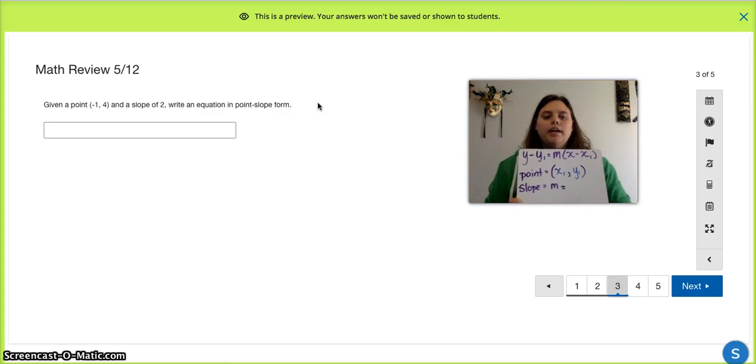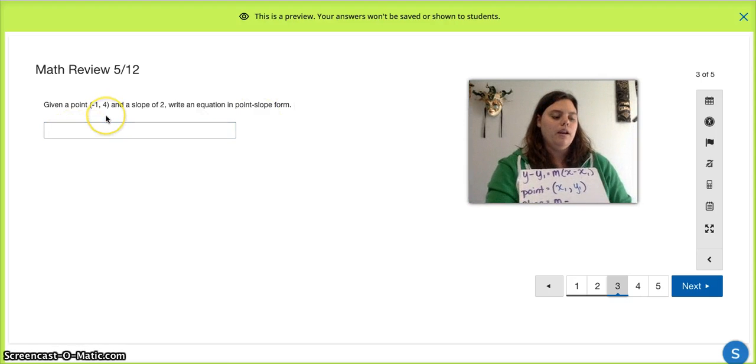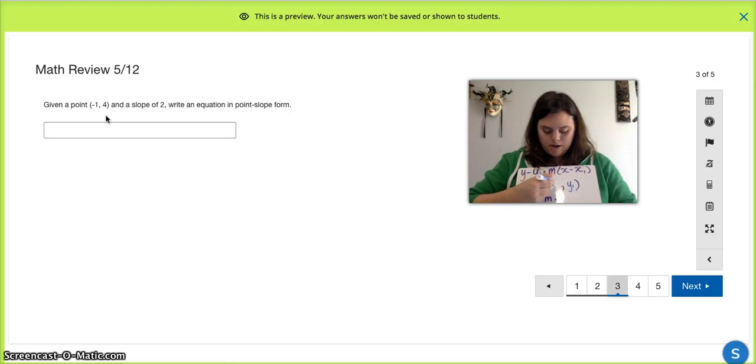So we are given this point -1, 4. In my point, I'm going to replace x1 with -1, and I'll replace y1 with 4. For my slope, or my m, I'm told slope of 2, so I'm going to write 2.